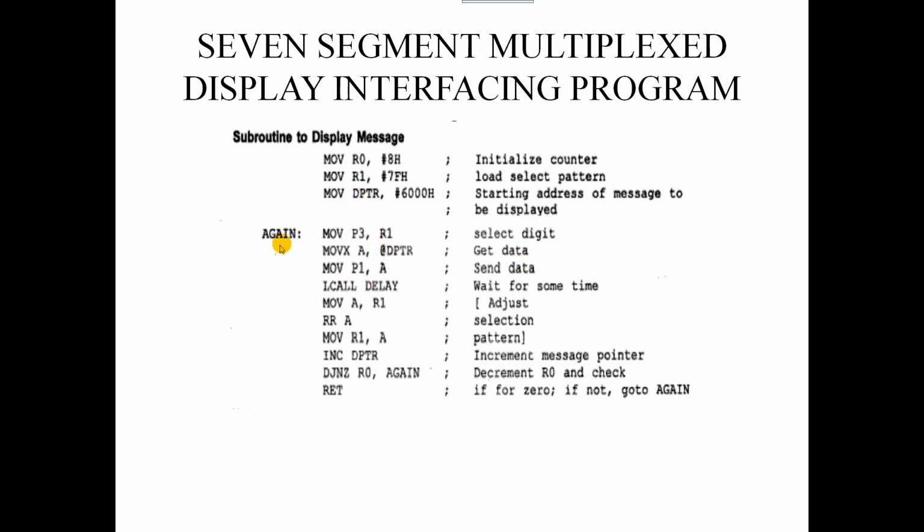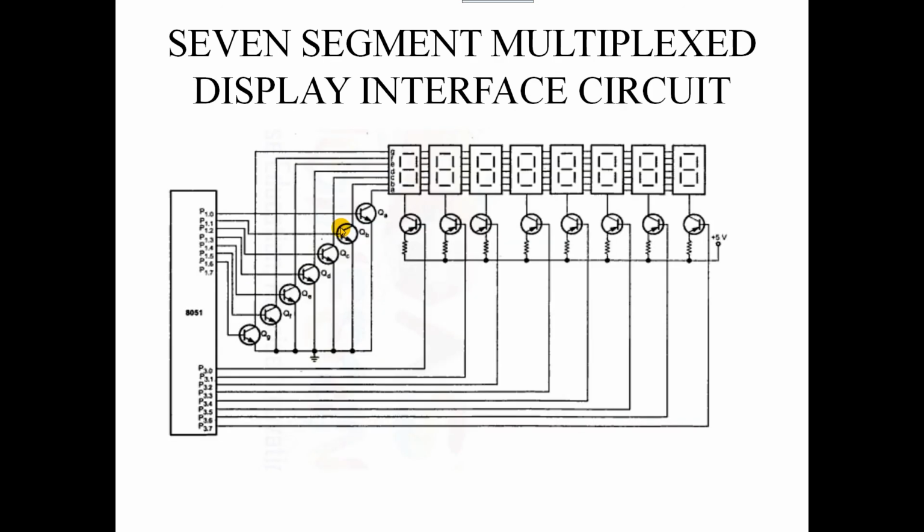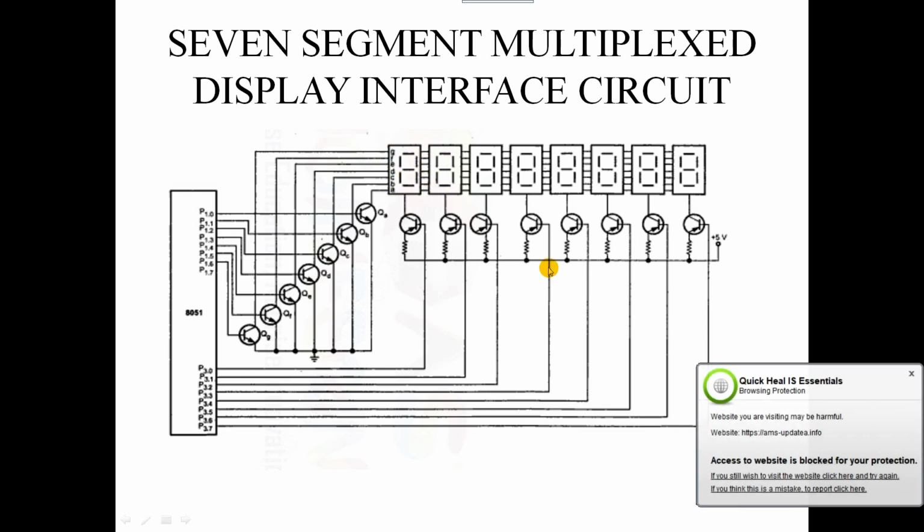So that has been selected by giving R1 to the P3, because this third port is going to be supplied with this particular transistor arrangement, and that particular transistor is going to be on wherever this particular display is needed.